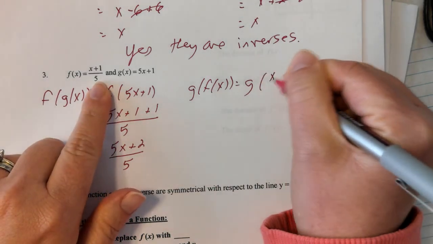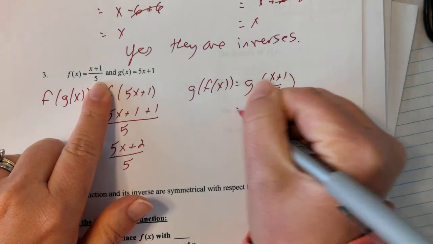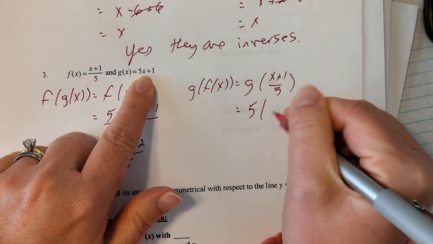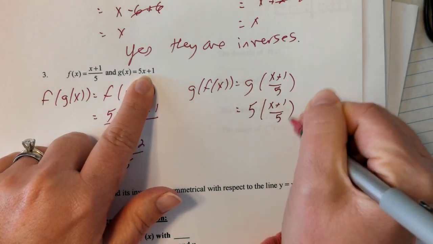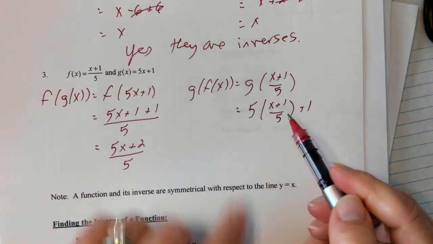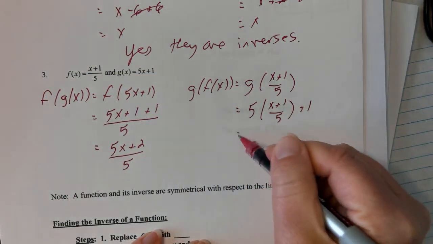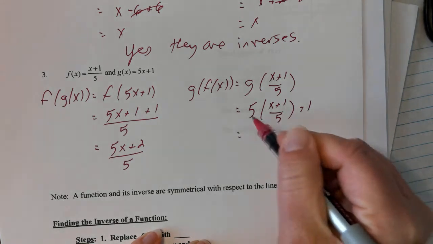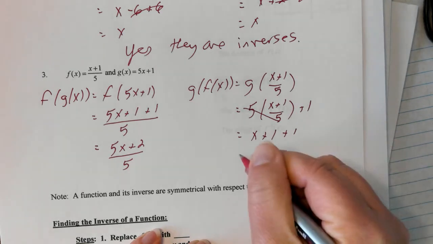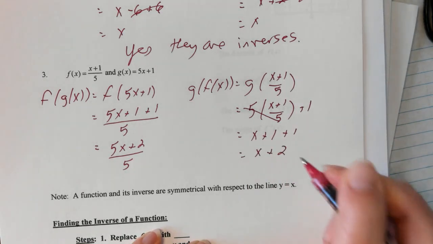Well, f of x is x plus 1 over 5. I'm going to stick that in place of the g's x. So 5x plus 1, but instead of x, I wrote x plus 1 over 5. This x plus 1 is getting divided by 5 and then multiplied by 5, so that cancels and leaves x plus 1. But I still have another 1, so it simplifies to be x plus 2.